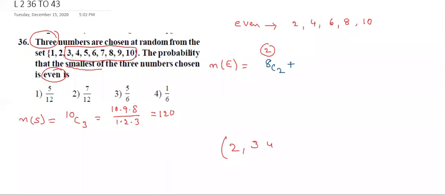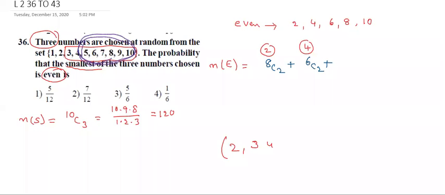Now the second case. I have taken 4 as the even number. After 4, what are the numbers? See: 5, 6, 7, 8, 9, 10. How many numbers are there? There are 6 numbers. Out of 6 we can select any 2, because 4 is selected out of 3 and the remaining 2 numbers we need.